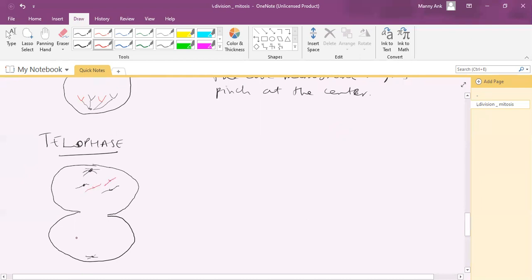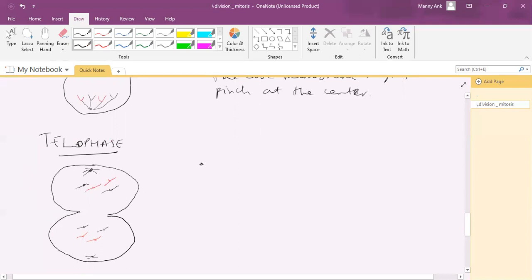And over here, we have the same thing. Okay. So the cell membrane completes its constriction in telophase.